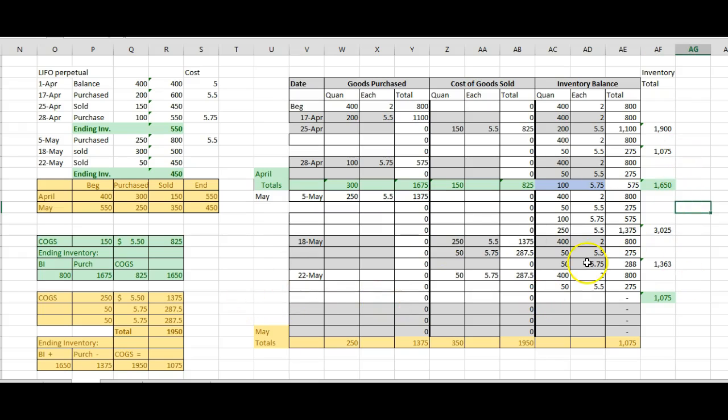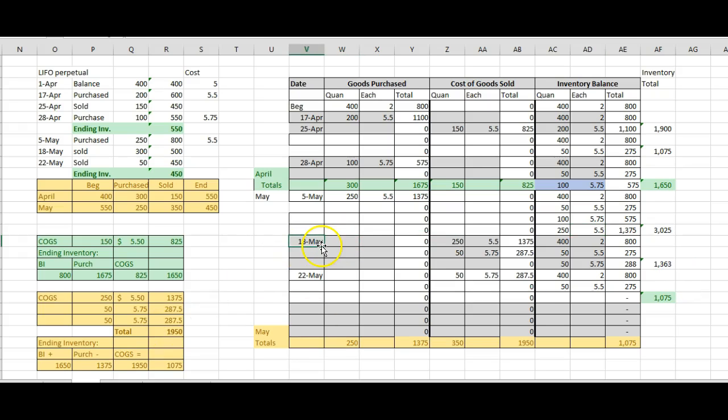So let's keep going. Then in May, we purchased 250 at $550, so now we're adding to that layer. So now I have 400 at 2, I have 50 at 550, I have 100 at 575, and now I have that 250 at 550. Then we start selling here.